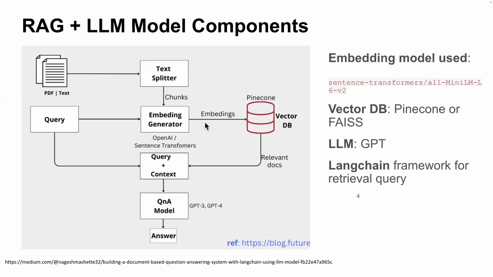Then we do a retrieval based on the embedded information, a similarity search to find the relevant documents. Those relevant documents are used as the input for the large language model to generate the answer, and then we return the answer as the personalized recommendation. So that's the basic major components of our system.